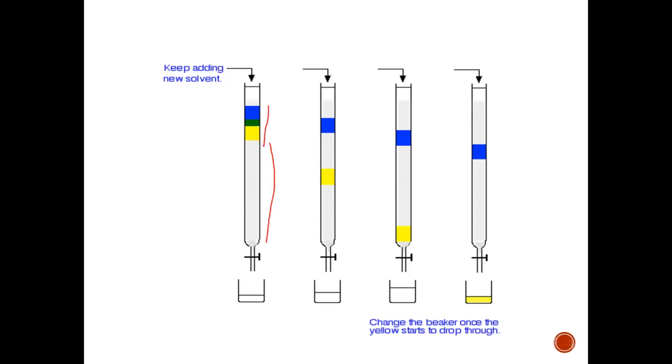Here we have a mixture of three compounds, 1, 2 and 3. The first one has a stronger interaction and the yellow one has a weaker interaction. That's why it moves fast with the eluent, that is the mobile phase. Here the yellow compound, compound A, is collected. After that, change the beaker once the yellow starts to drop.